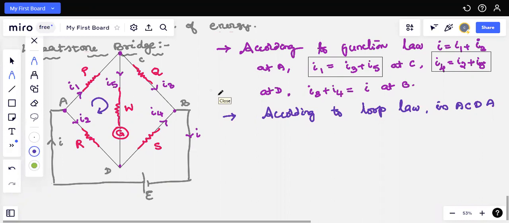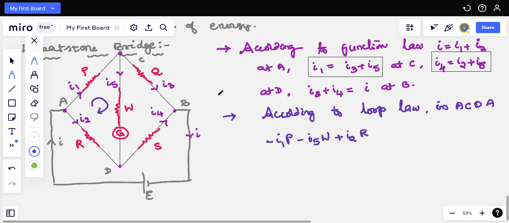Coming to here, ACDA in this loop. Be careful, you must have completed it. This is -I1T. No, observe, is it correct or wrong? -I1T, -I5 into W, and here opposite direction I am measuring, opposite direction, that is plus I2R.